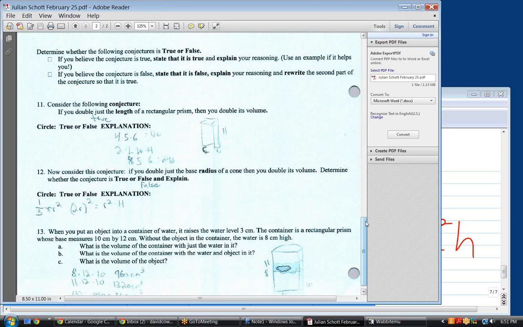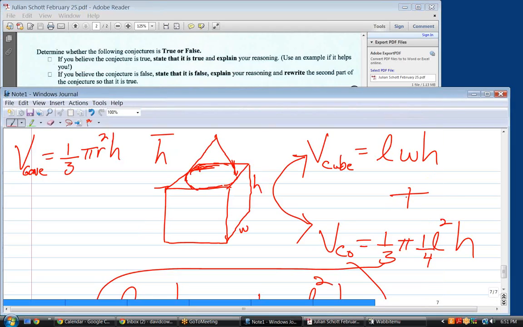That's true, right? Yes, it is. Because notice that the volume, let's call this rectangular prism instead of cube. Okay. Because a rectangular prism would have 3 dimensions, L, W, and H. Okay?